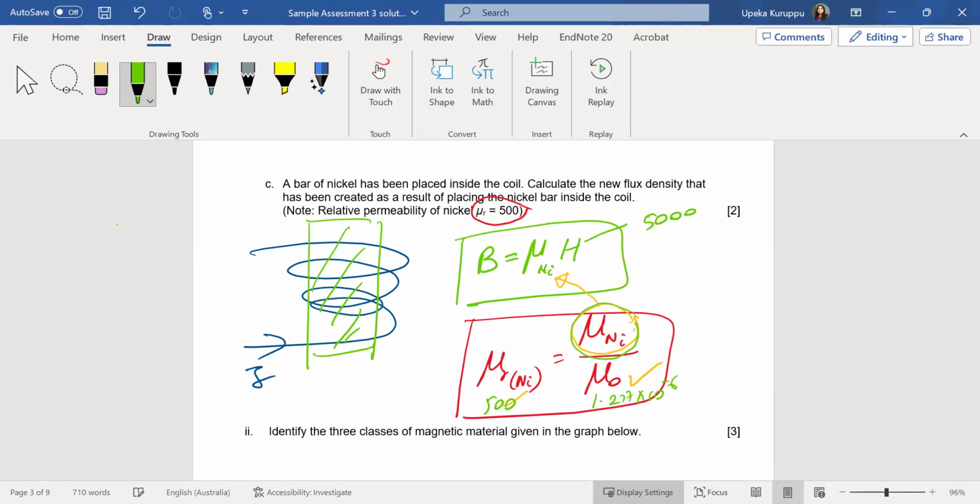So you find that for the nickel, and you use that in the equation to find B. You're going to do this in the practical. We have some different kinds of bars. You are going to put them and find this stuff by yourself in the practical next week. Any question?